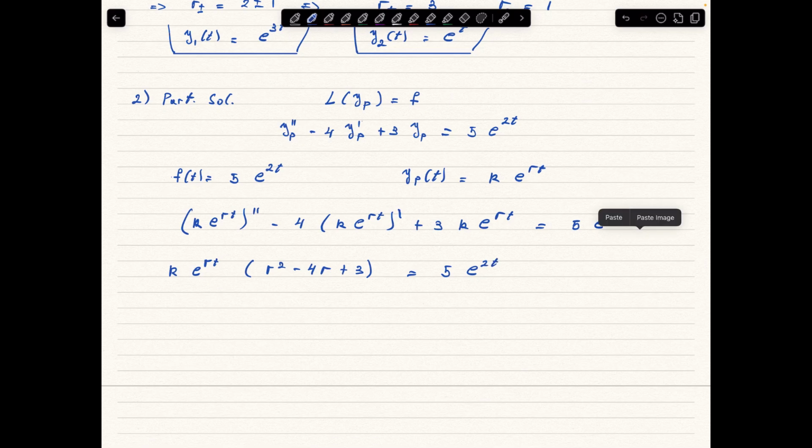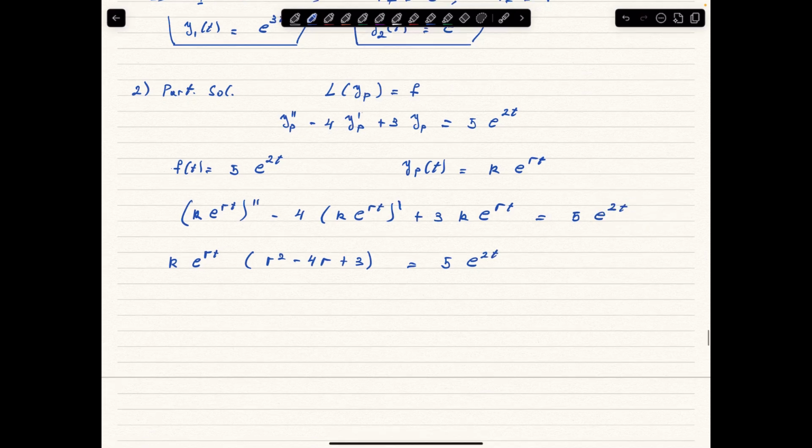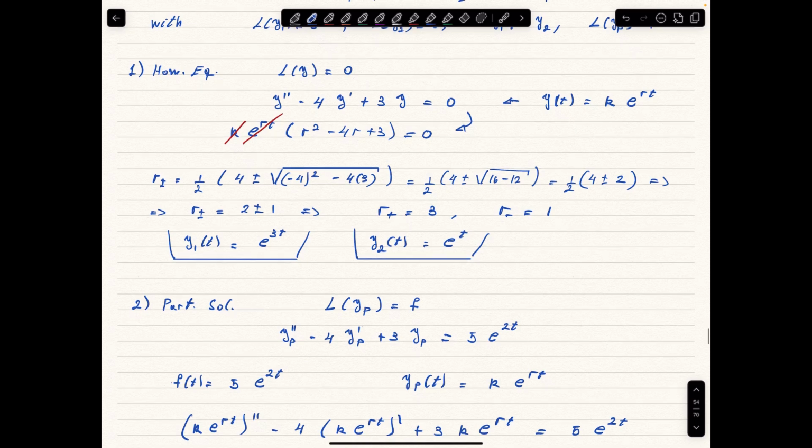And here is where we are right now. And notice that this polynomial in r that we have here is actually the characteristic polynomial p of r that we got in the homogeneous equation. It's exactly the same polynomial here.